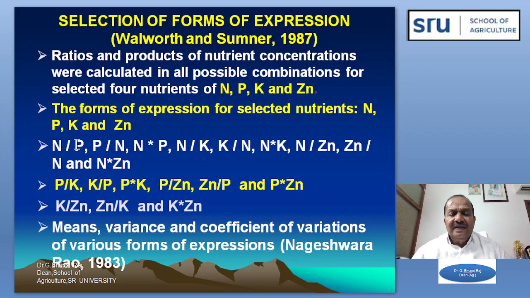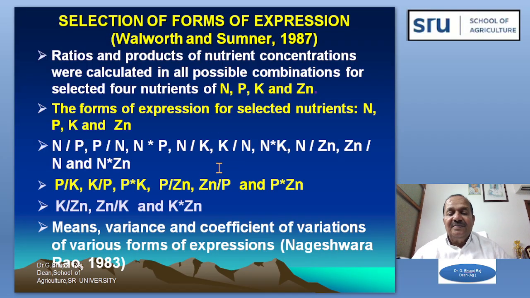N by P, P by N, and N into P. With respect to N and P, these three are the possible combinations, and among these three combinations we have to select only one. Likewise for nitrogen and potash combinations, there are three combinations, and among these three we have to select only one.